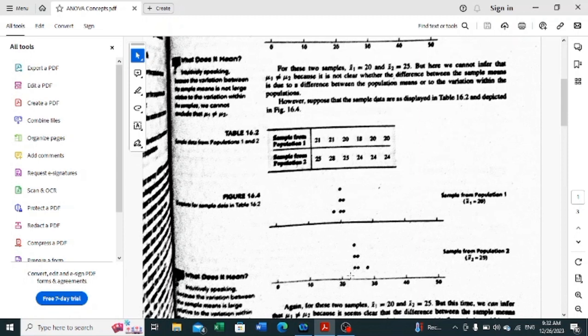And there is a line of division that we can observe easily, for instance, at 22. So this line is dividing the two data sets at two different positions.